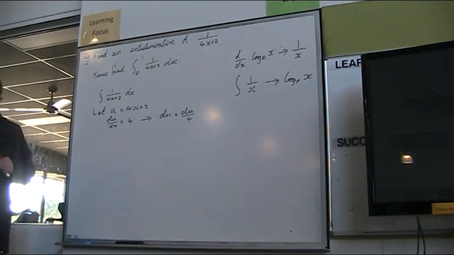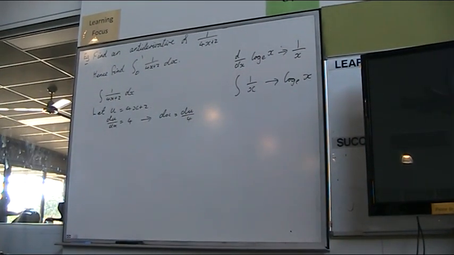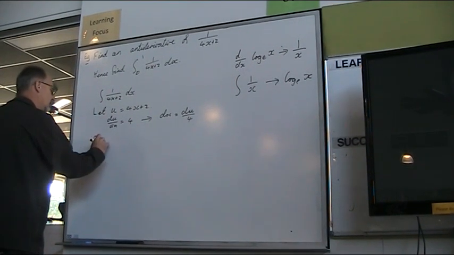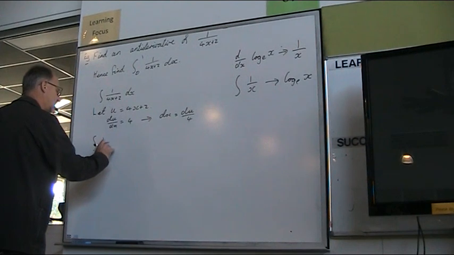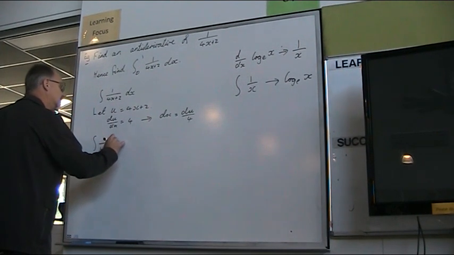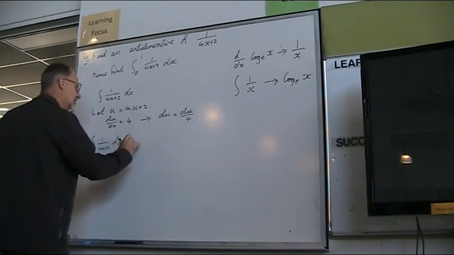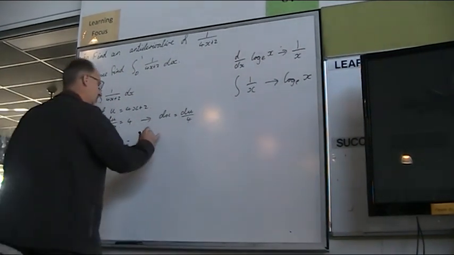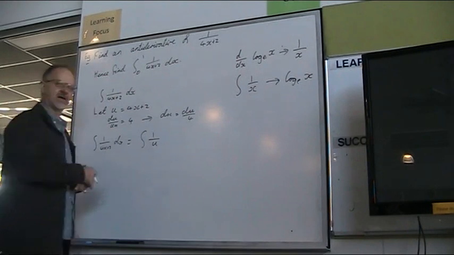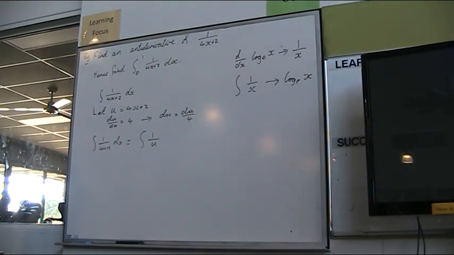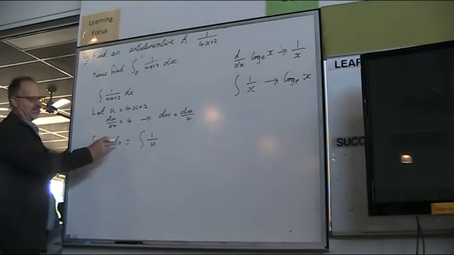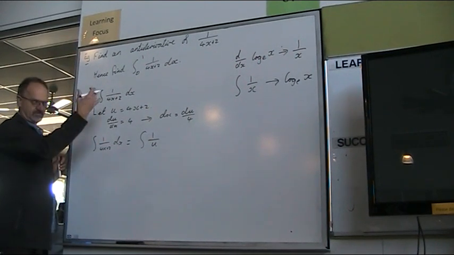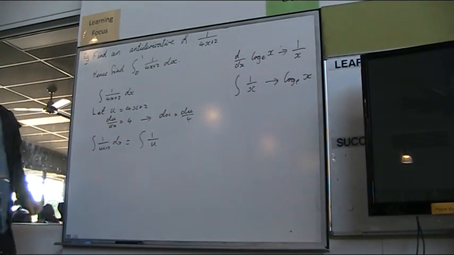And so now we're going to change 1 on 4x plus 2 to 1 over u, because the 1 over u bit, we know how to deal with very easily. But because we've changed it to 1 over u, I need to change the dx to the thing with the u in it.